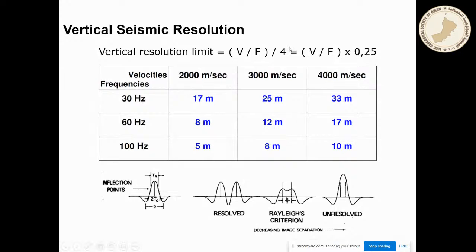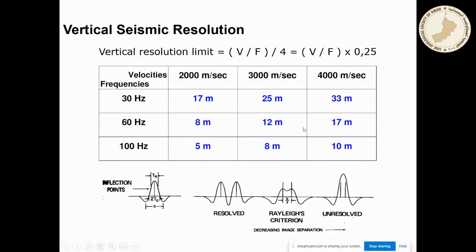How do you measure that? You need to divide velocity by frequency, divided by 4. Okay, so assuming the velocity is 3000 and the frequency expected for seismic data by the time it reaches the level of the reservoir is 60 hertz, then the resolution is 12 meters.